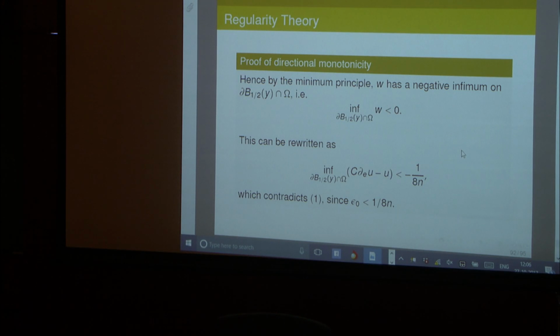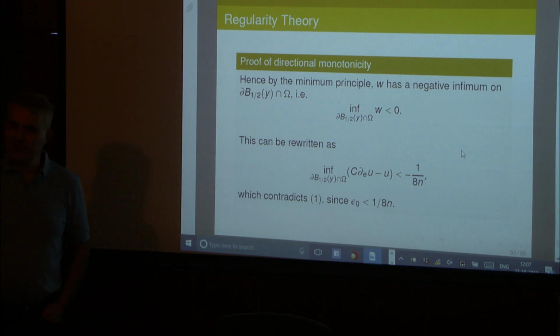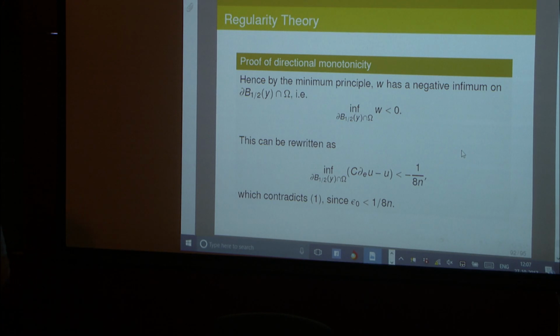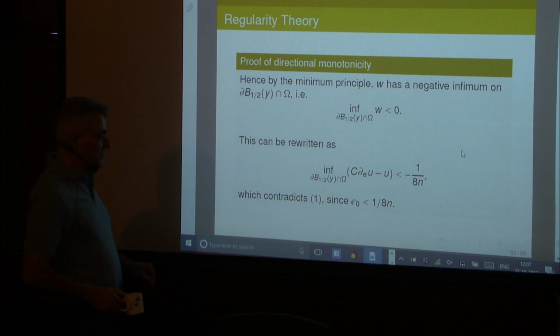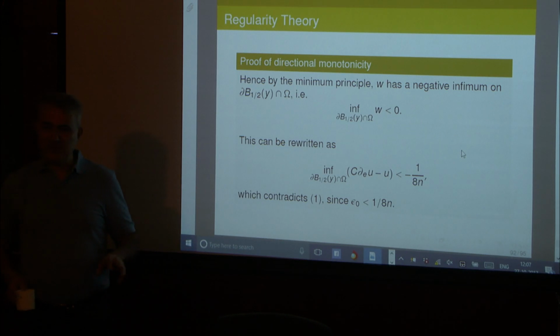So that's a simple proof of Lipschitz regularity. You were expecting something much more fancy, but this is actually fancy because you get a very simple proof, and it took many years before this simple proof came. Luis Caffarelli gave this proof in '98 or so. The first proof is in '77, very involved.